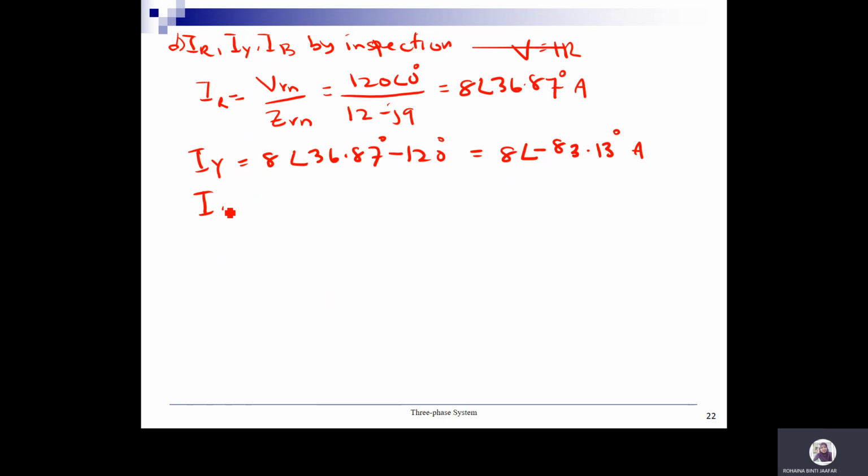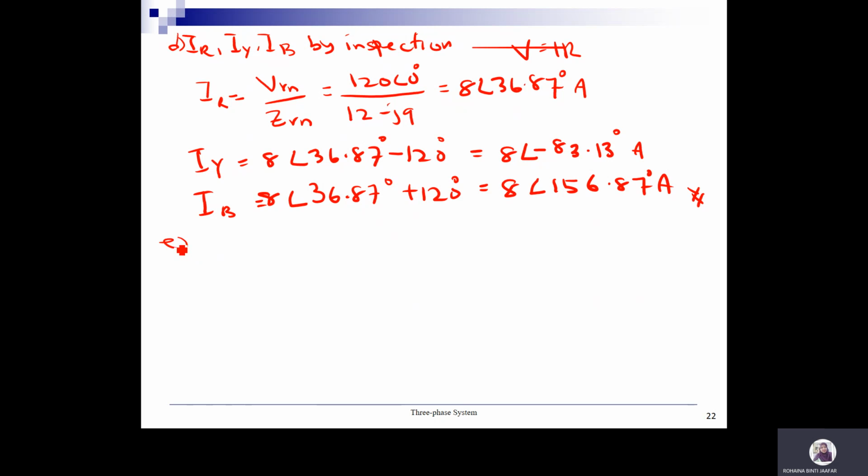And then for the blue phase, the relationship is plus 120, so you will get 8 with angle 156.87 amps. So this is how you find current in red, yellow, blue by inspection.